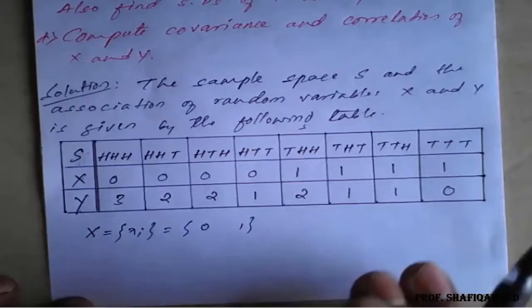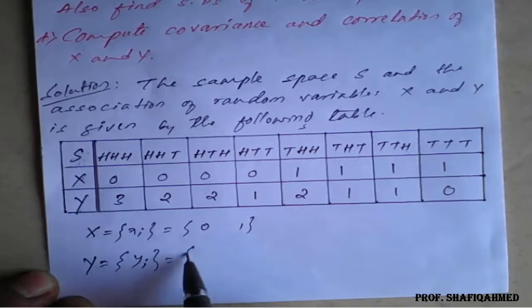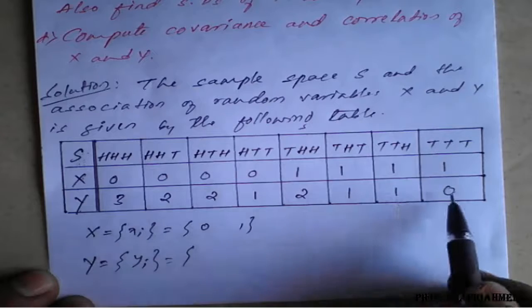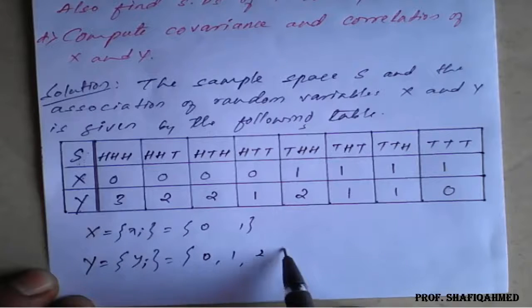Similarly, the set of values yj for Y: the lowest value is 0, then 1, then 2, then 3.